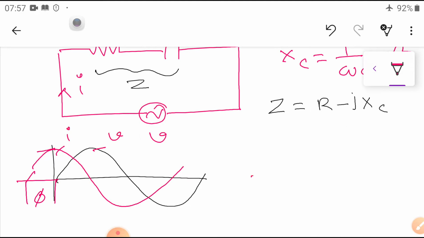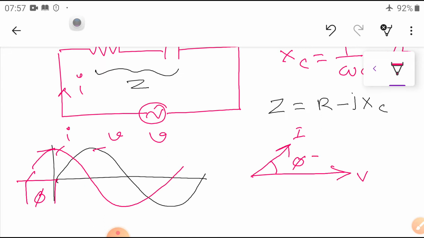That means the voltage is V, but our current is leading by some angle, not 90 degrees. Pure capacitance is 90 degrees. Due to the resistance present, the current leads by only some angle phi. Okay, so this is the phi.